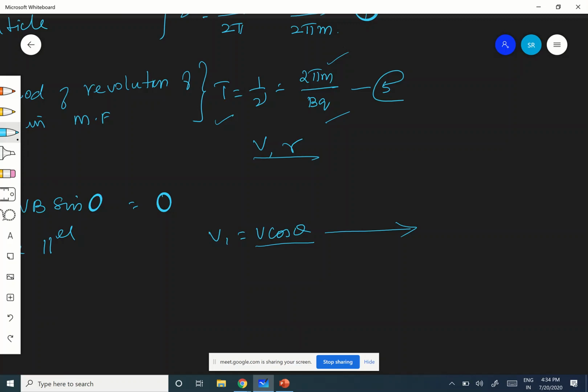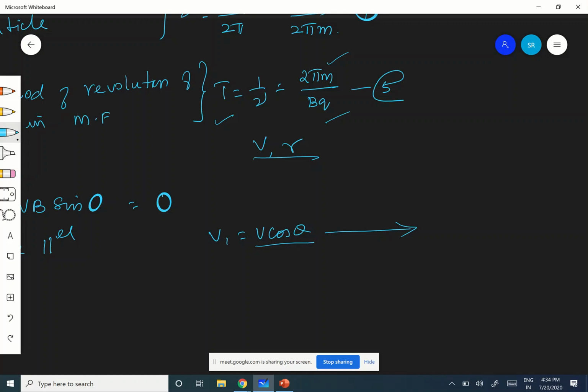If you combine both, because actually it is moving with the velocity v in the direction theta with the magnetic field, if I resolve it into two components, due to the perpendicular component it moves in a circular path, and due to the parallel component it moves in a straight linear path.